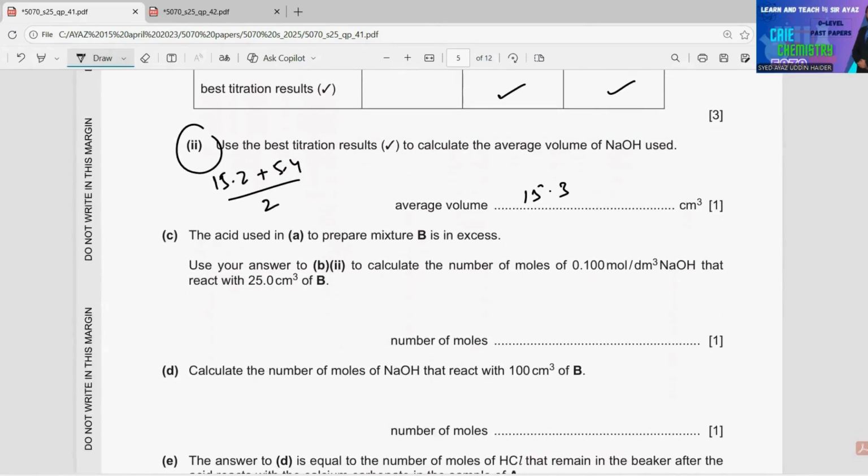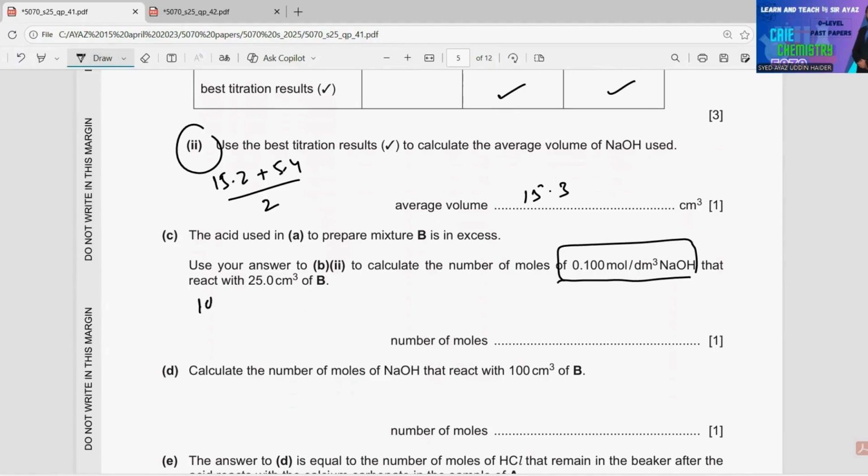C. The acid used in A to prepare mixture B is in excess. Use your answer to B2 to calculate the number of moles of 0.1 mole per dm cube NaOH that react with 25 cm cube of B. We have a volume of NaOH 15.3 and the concentration of NaOH, which is 0.1 mole per dm cube.